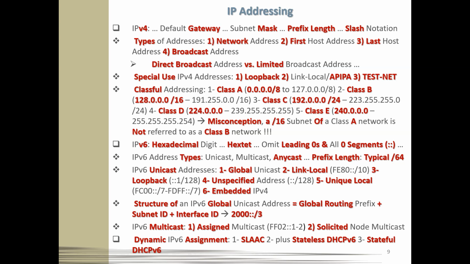The way that we write down an IPv6 address has some conventions to consider.